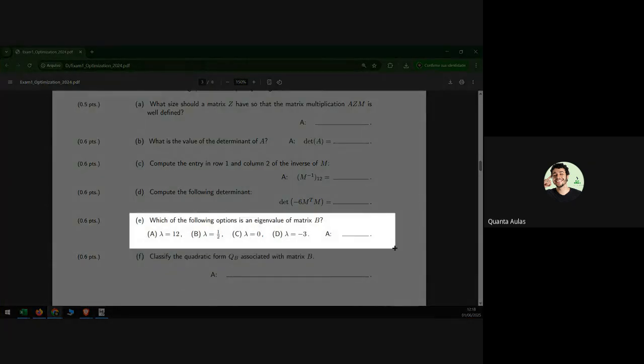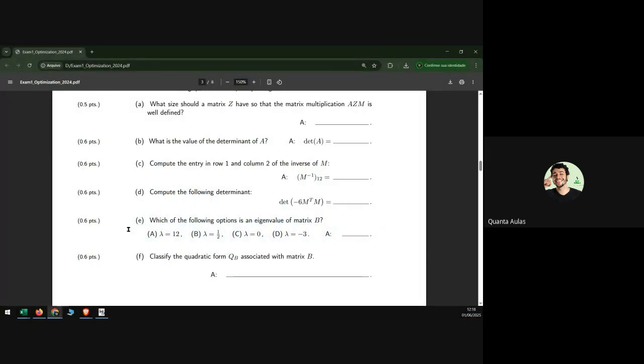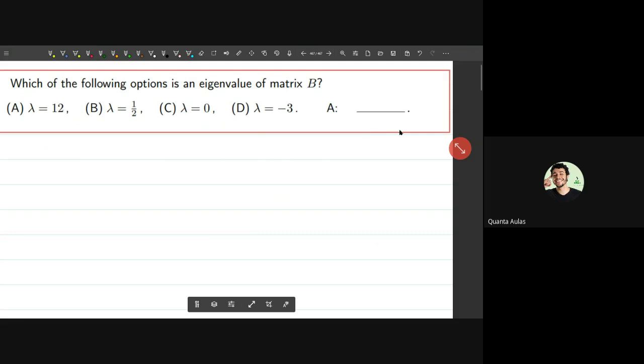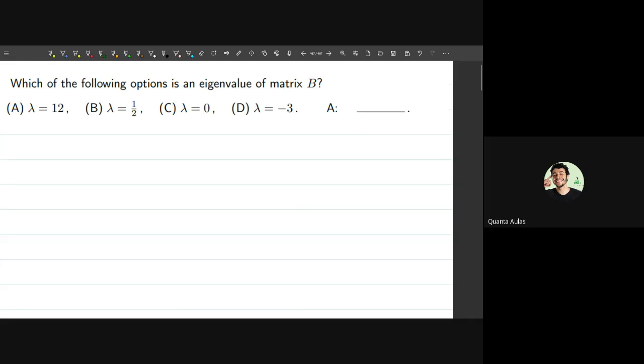Which of the following options is an eigenvalue of the matrix? Okay, we need to find the eigenvalue of this matrix B. But what is matrix B?